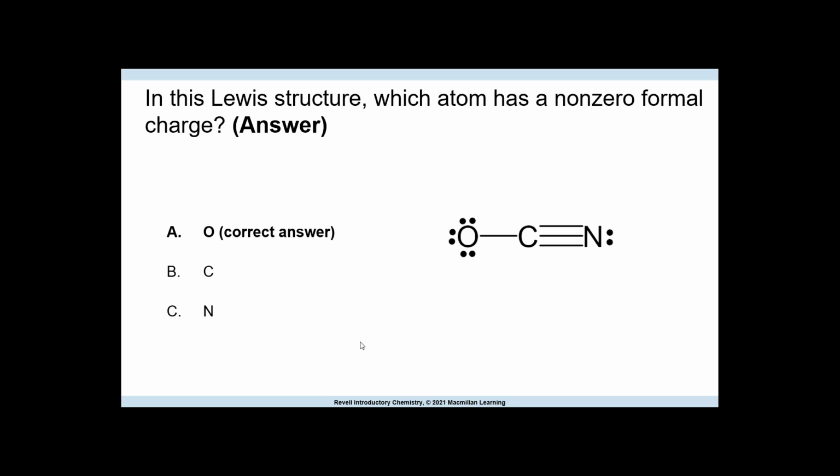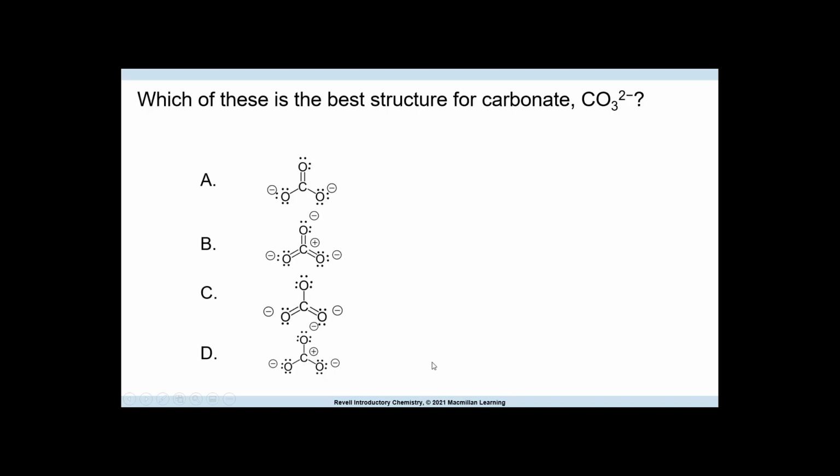I did not do this one on purpose so that, yes, you know what the answer is, but you should still go through to see. Obviously it tells you that this must be 0 and this must be 0, so it has to be this one. Because you have 1 single bond and 6, there's a negative charge here. Again, because you know the answers, you should go through and make sure that when you do the work, it matches what you know.